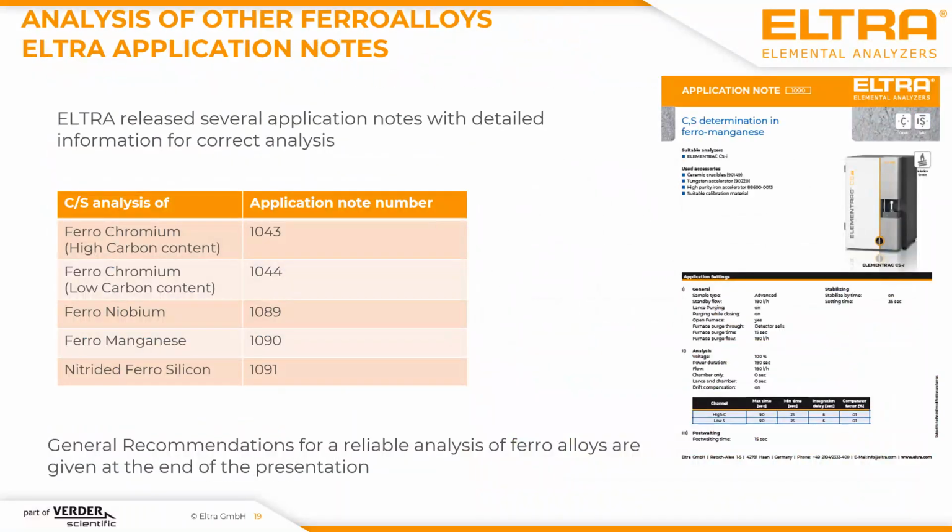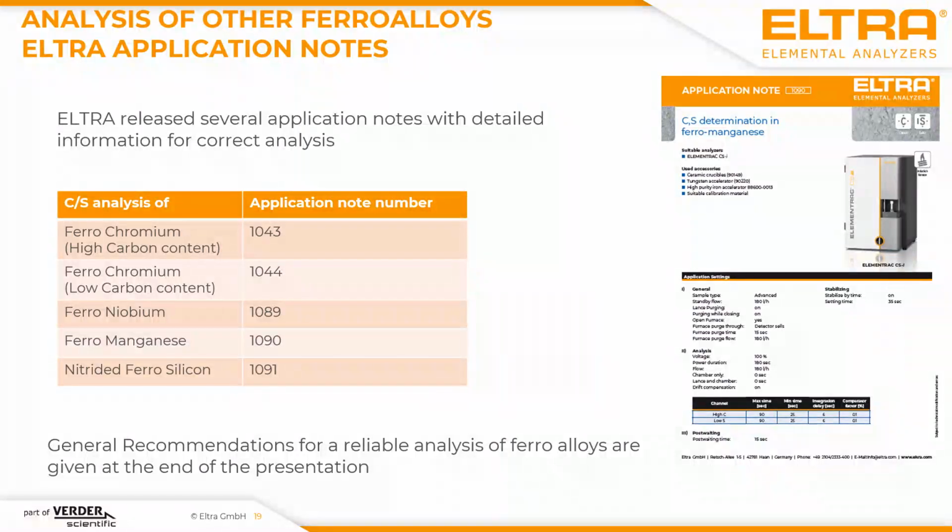For carbon and sulfur analysis in ferroalloys, we already have some prepared application notes. This is a document which mainly deals with the carbon and sulfur analysis on special samples, for example ferrochromium with high carbon content and low carbon content, ferroniobium, ferromanganese, and for example ferronitrated silicon.